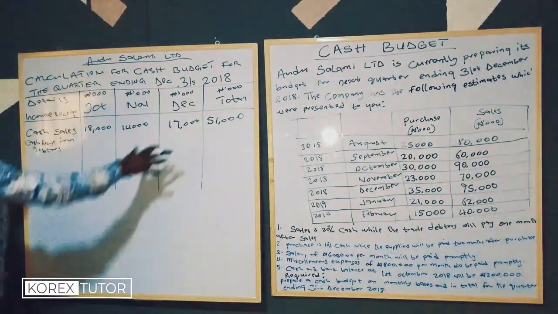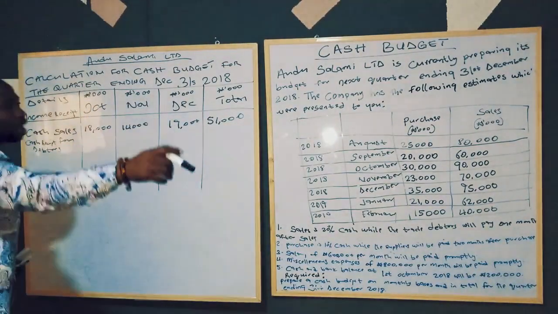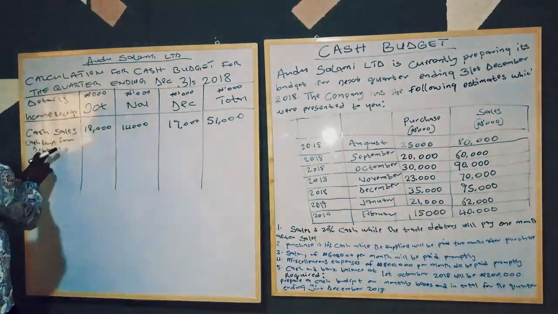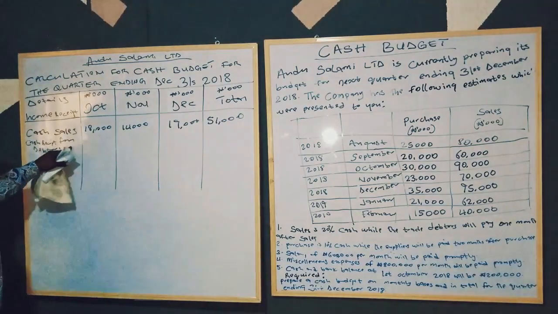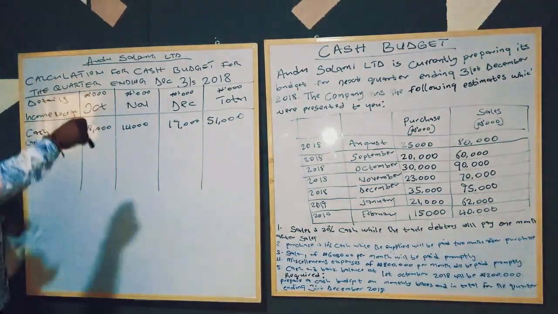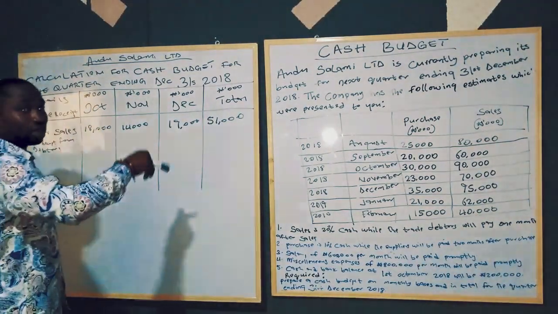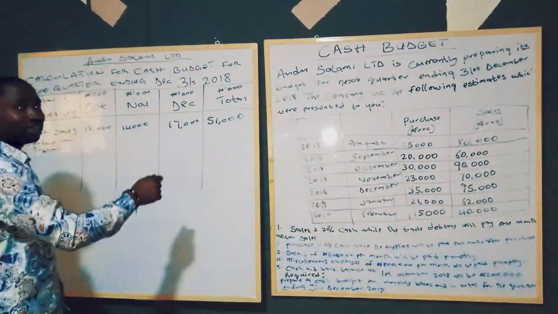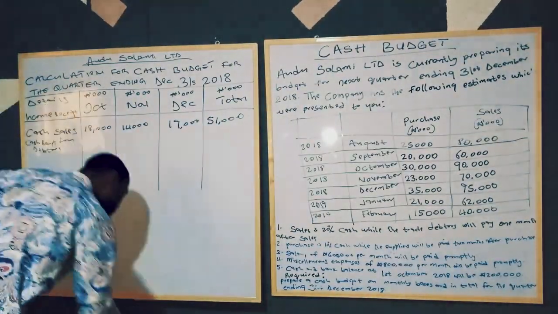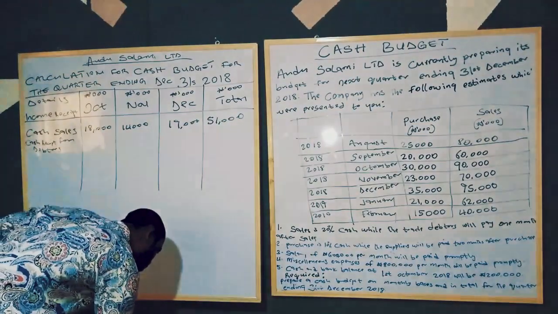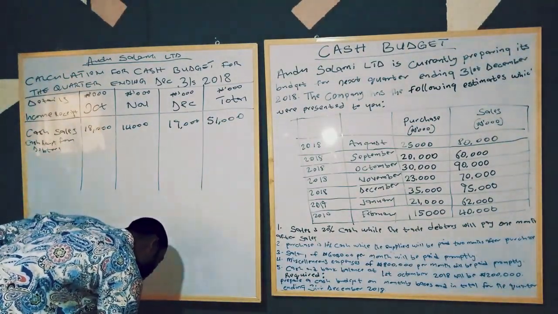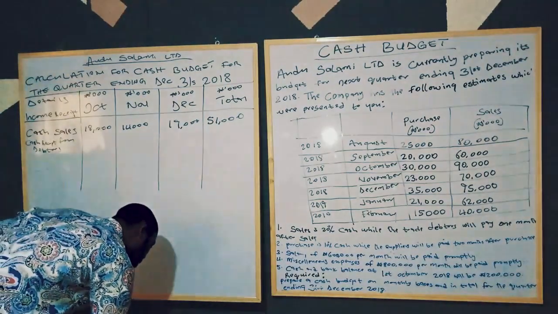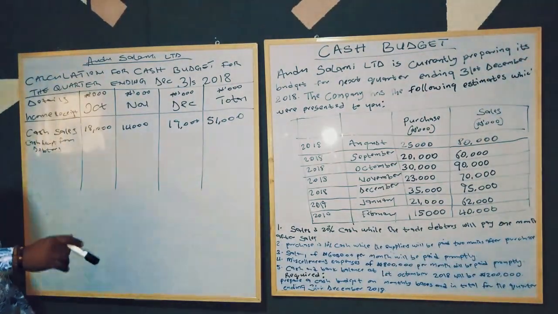So what we are going to do here is go to our previous calculation and take the value under cash received from debtors, that is credit sales. After credit sales, we have cash from trade debtors.